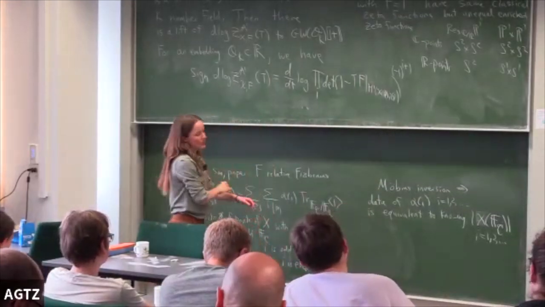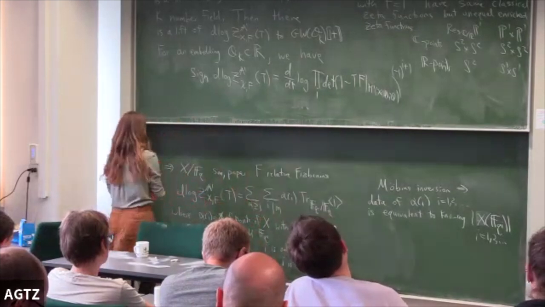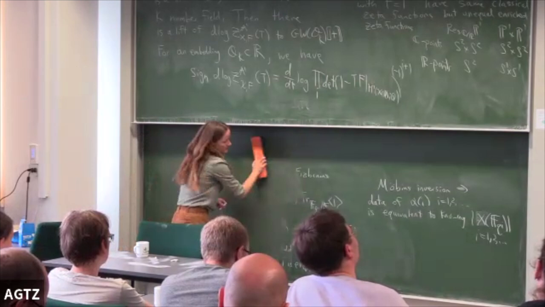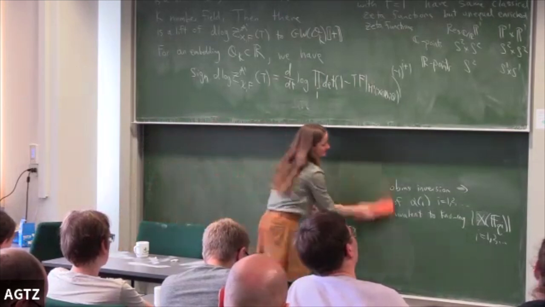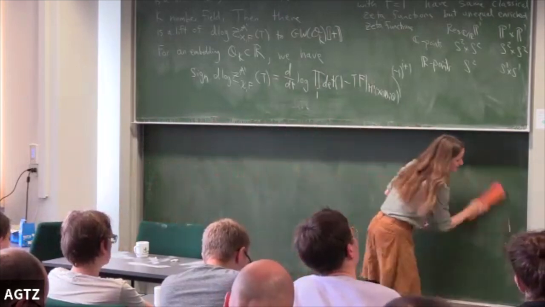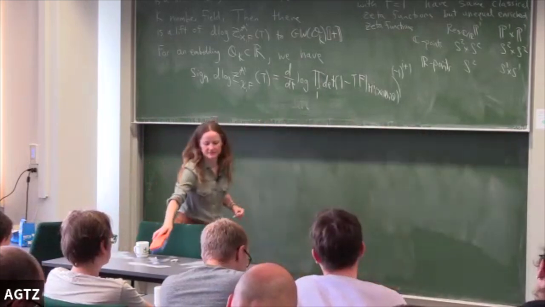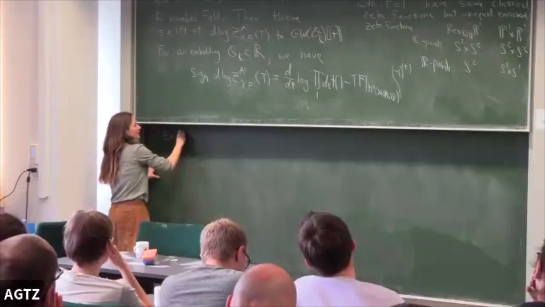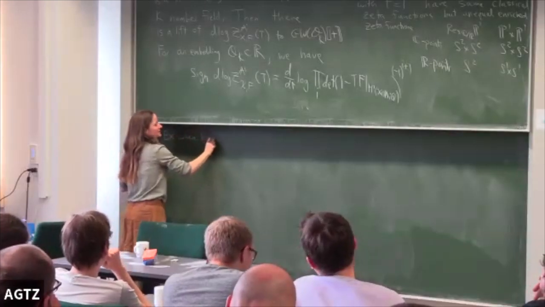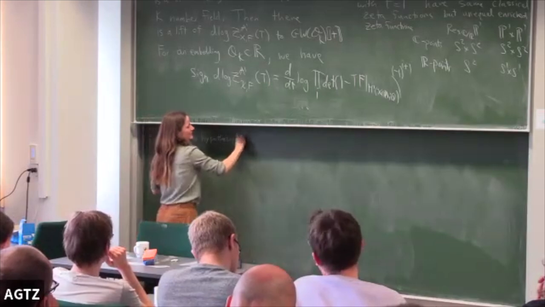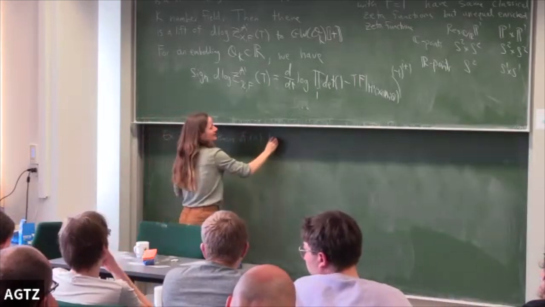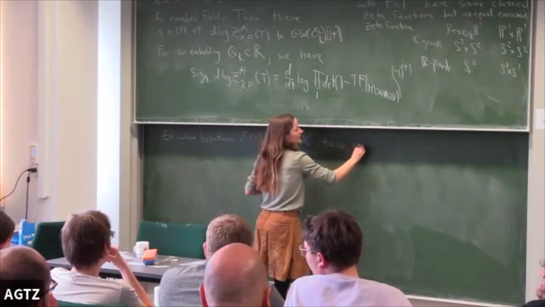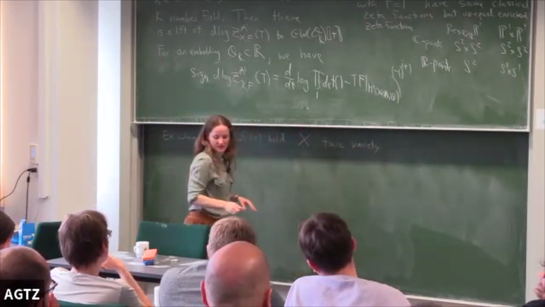An example where 2 holds is all toric varieties. So an example where the hypotheses of 2 hold: X a toric variety.